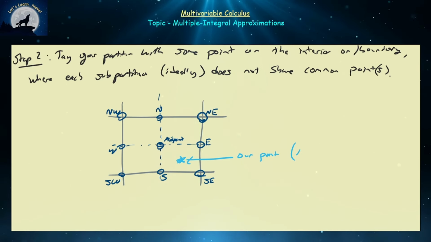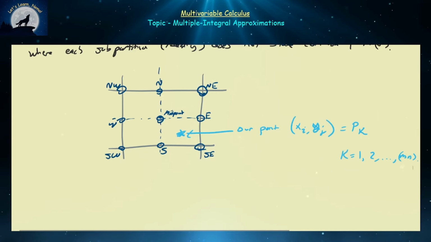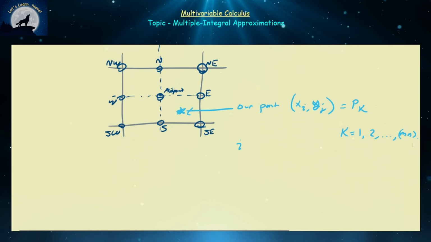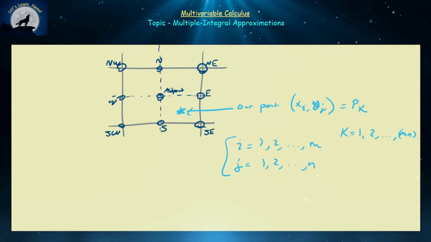Now let's assume that this point is, say, xi, and then let's call it yj. So xi, yj, and let's call this point pk, where k ranges from 1, 2, all the way down to m times n. Right? So in terms of indices, obviously i is going to range from 1, 2, down to m. j is going to range from 1, 2, down to n. k is going to range from 1, 2, down to mn.